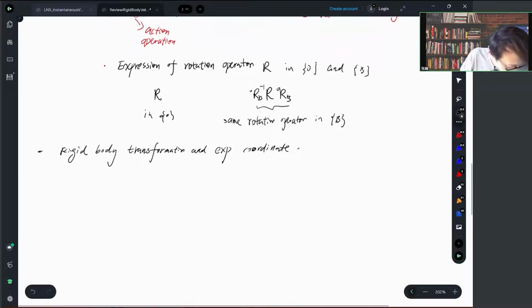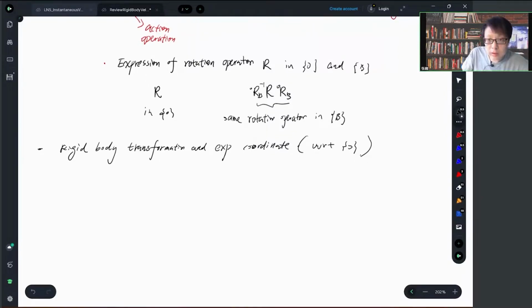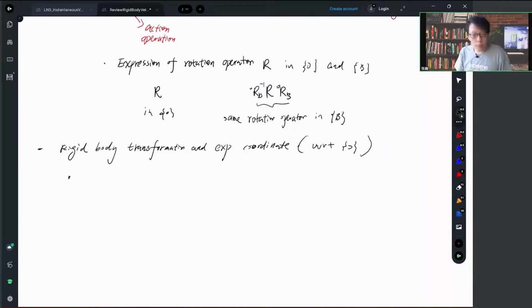Very similar. Again, everything is with respect to O, even if I don't write down the reference frame. Again, all rigid body motion can be thought of as a screw motion.